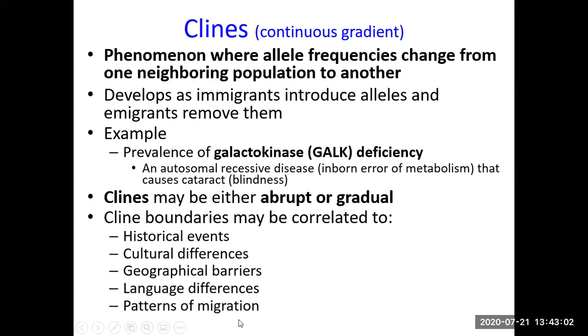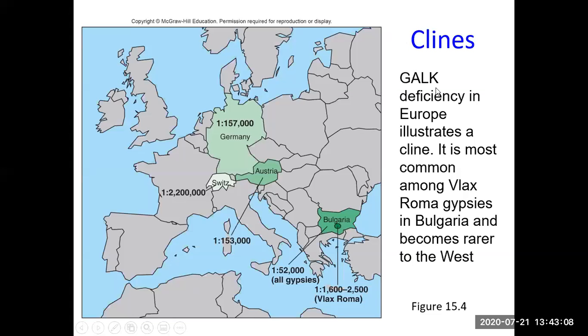Language differences, what was the pattern of migration? All of this can cause a continuous gradient or cline. And a historical example is when you see the occurrence, incidence of a particular disease, the galactokinase deficiency in Europe. This illustrates a cline. How?